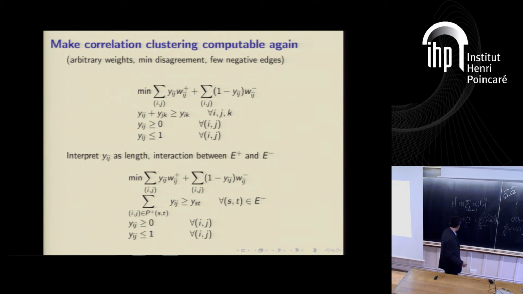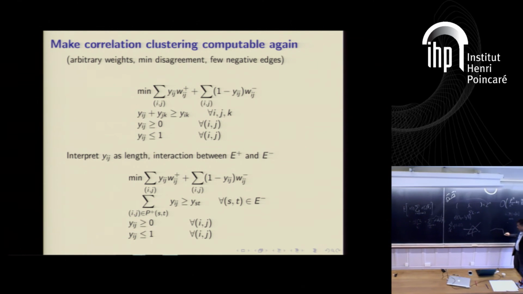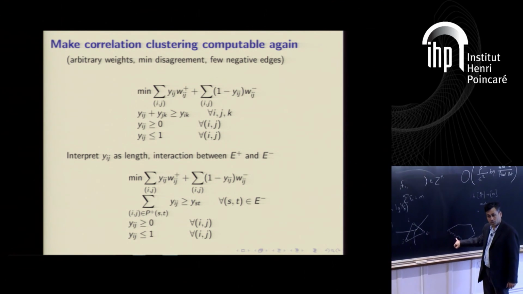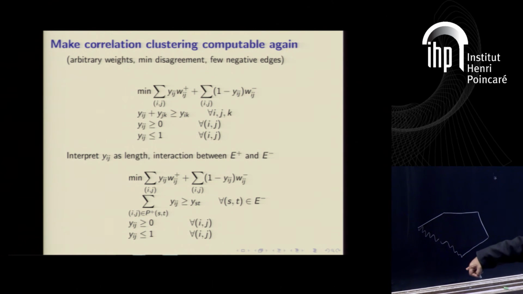One way of seeing a cut is, imagine this is an edge and I haven't cut it. Imagine this is an edge, I haven't cut it. And then I say that I have cut this edge. So that's not fair, right? If I give you a cycle and you have cut this edge, you have to cut an edge somewhere else. So these are the constraints I would write, except these squiggly lines would be over the negative edges, and these straight lines will be over the positive edges.